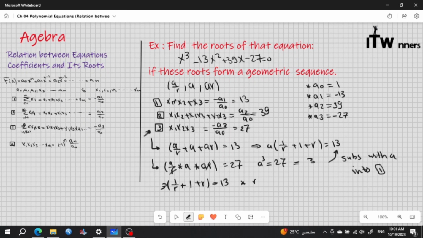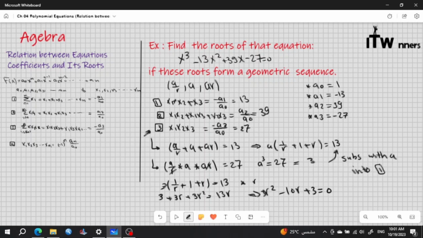So we have 3 + 3r + 3r² equal to 13r. So 3r² − 10r + 3 equal to 0.